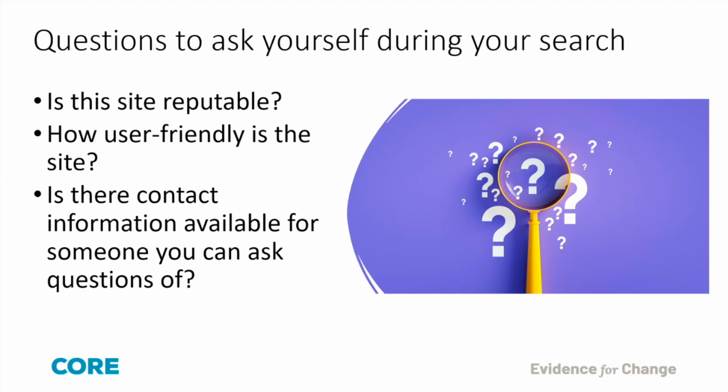There might be someone on the report who's listed or someone on the website who can answer questions or repull data in ways that are more helpful than what's currently listed. And this is something that CORE has done. There have been situations where we wanted to see the data filtered differently, and we couldn't do it with the data that was available. So we were able to reach out, and people can be very helpful about giving you the repulled data.